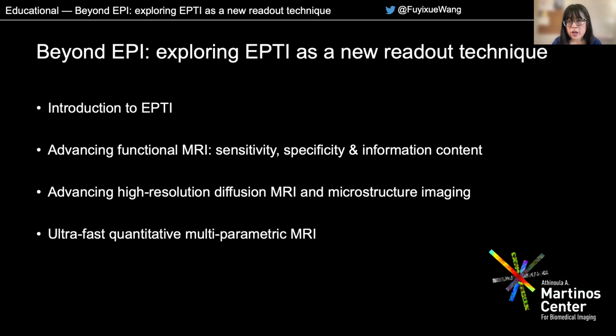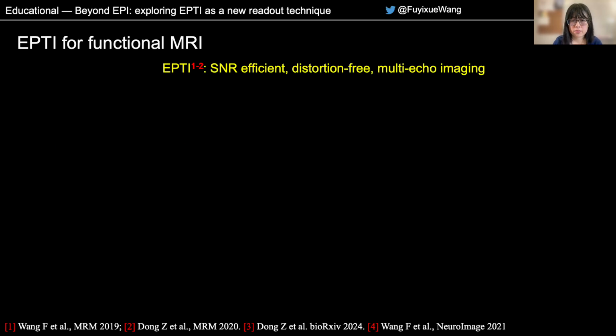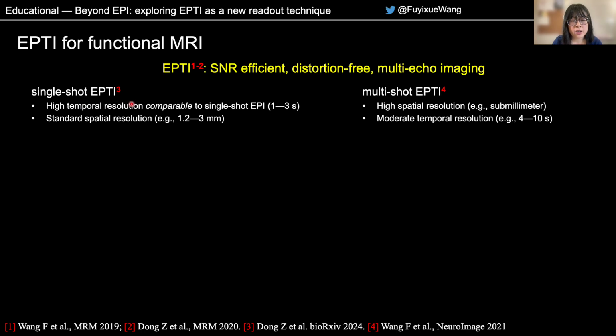So now I've given an introduction to EPTI. I'll move on to talk about its application in functional MRI. EPTI can provide SNR-efficient, distortion-free, and multi-echo imaging. A single-shot EPTI can provide high temporal resolution comparable to single-shot EPI at standard spatial resolution, whereas multi-shot EPTI can be highly suited for high spatial resolution applications at moderate temporal resolution.